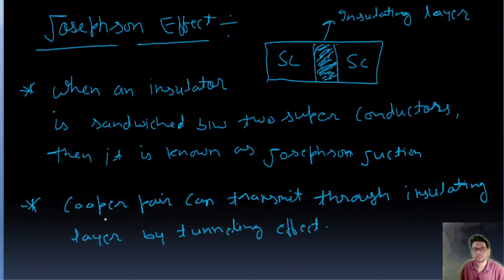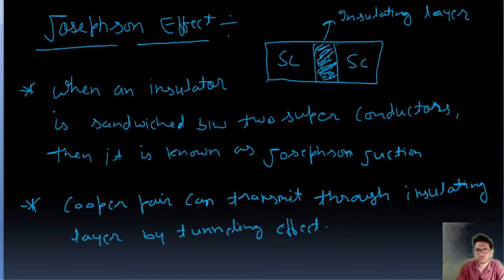So the Cooper pair electrons of the superconductor can transmit through the insulating layer by tunneling. This is the Josephson effect, and this is the Josephson junction.